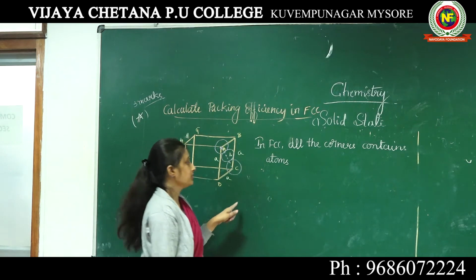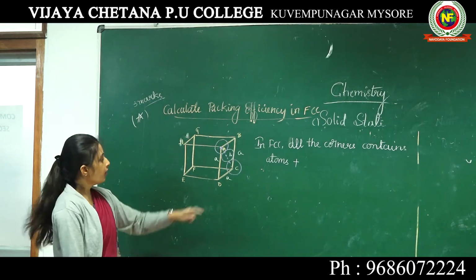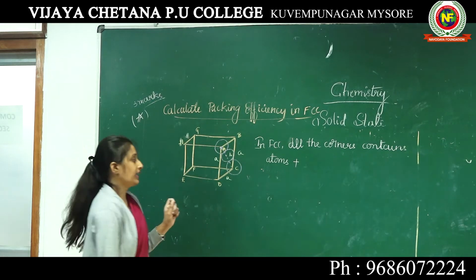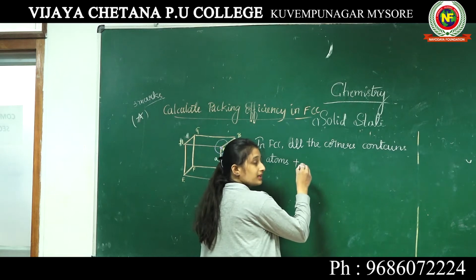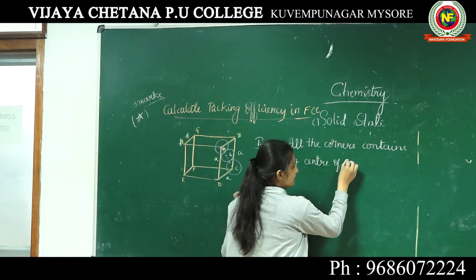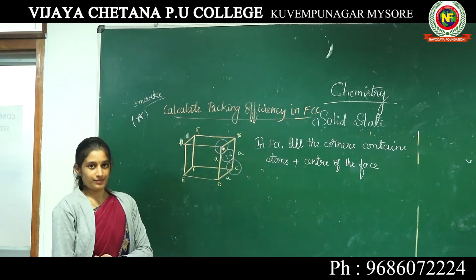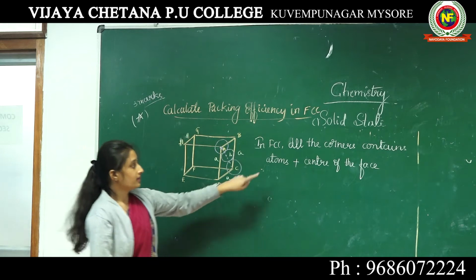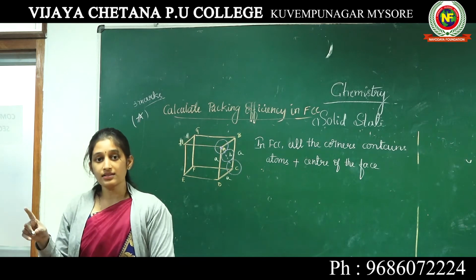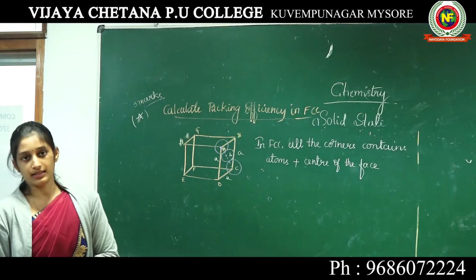Along with that, each face contains one atom, so plus the atom present at the center of the face. All the 6 faces contain 6 atoms. Try to understand properly. In FCC, atoms are present at all the corners and along with that, each face contains one atom. Total 6 faces, 6 atoms.